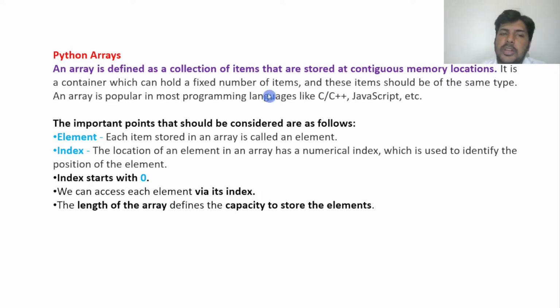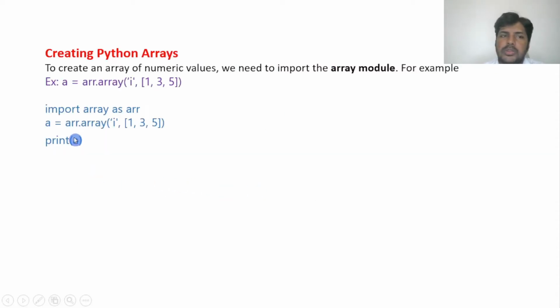Let us see how we can create an array. To create an array of numerical values, we need to import the array module. Without importing the array module we cannot create an array. For example, you can see a is equal to arr dot array.